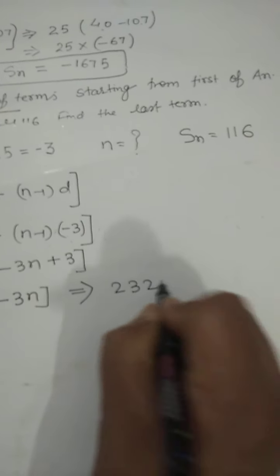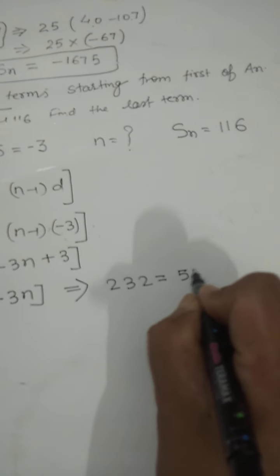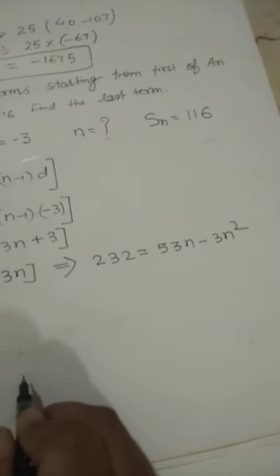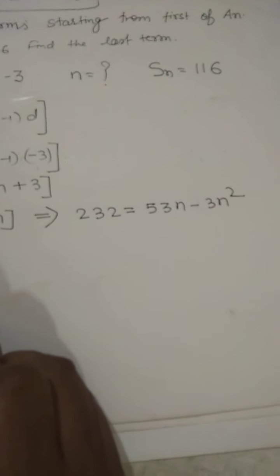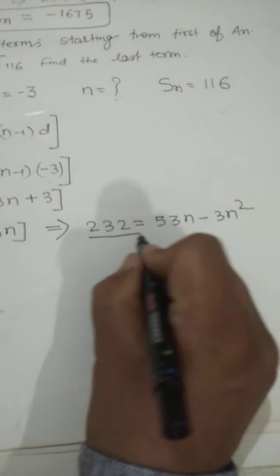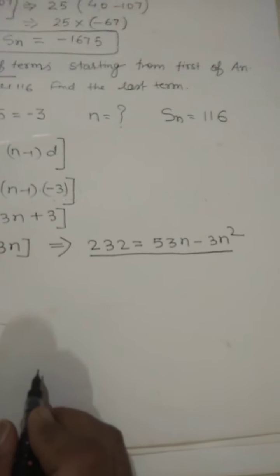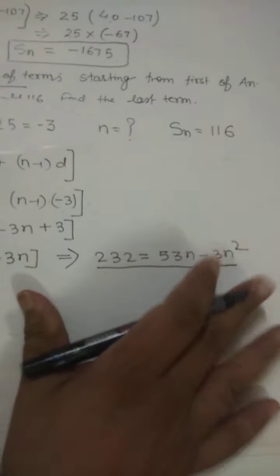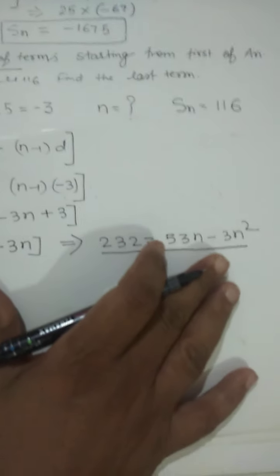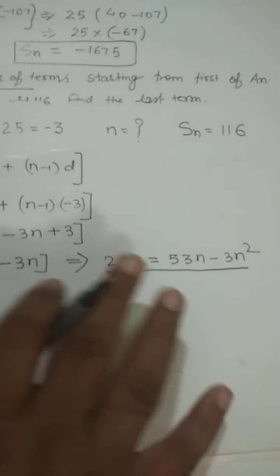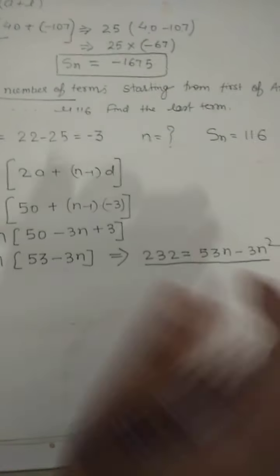So this implies 232 is equal to 53n minus 3n square, forming a quadratic, or maybe we will use the middle term. See the importance of the chapter, class 10th. Either you use the middle term that was given in class 9, or you use the quadratic equation. You are not in a position to skip one chapter, because one chapter is related with another chapter.